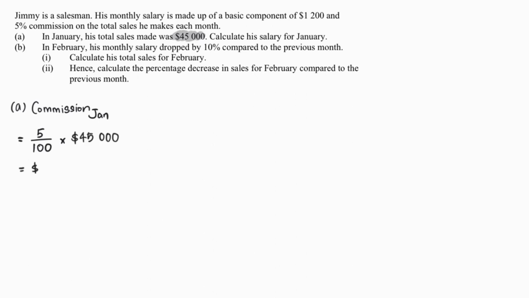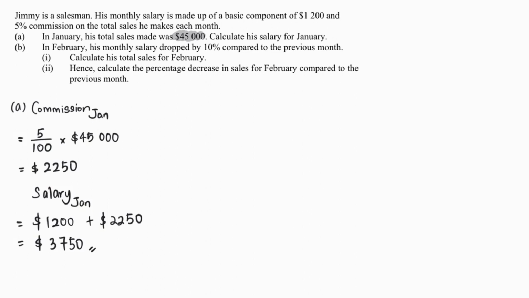This will give me a value of $2,250, and with that, I will then be able to calculate his January salary. Because that will include 1,200 as a basic component plus the commission. 3,450.